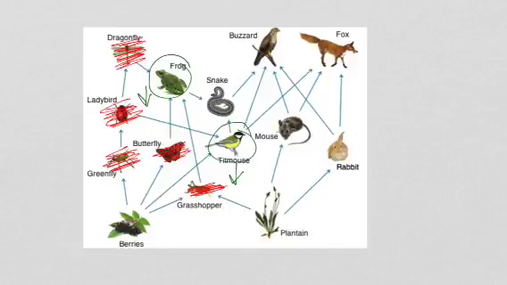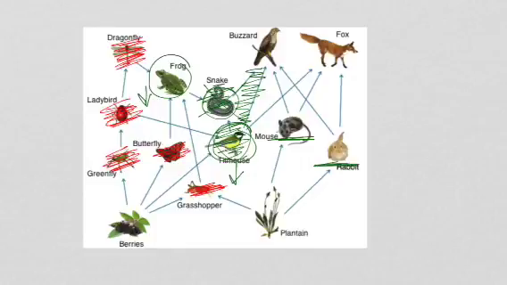All right, now if there's no titmice and no frogs, the next thing to go is going to be the snake. In this case, the buzzard feeds on both the titmouse and the snake. And if these guys end up starving to death and leaving, it means that the buzzard is going to lose a lot of its food. It's going to have to rely a lot more on the rabbit and the mouse. Same goes for the fox.